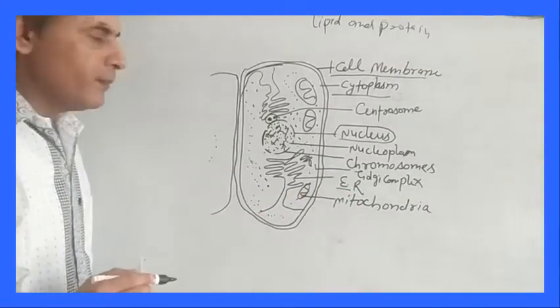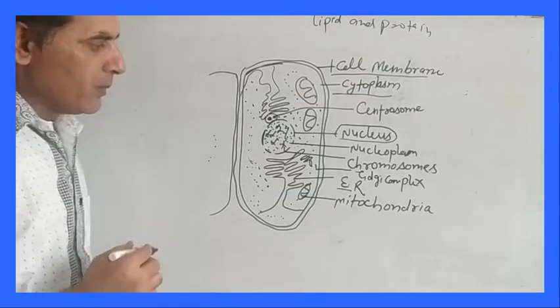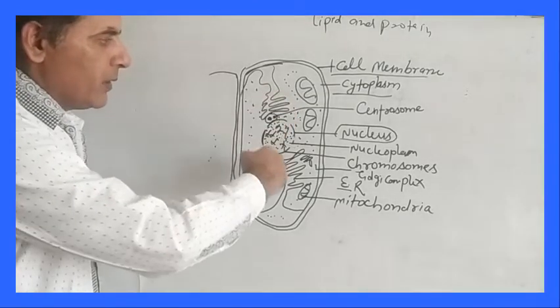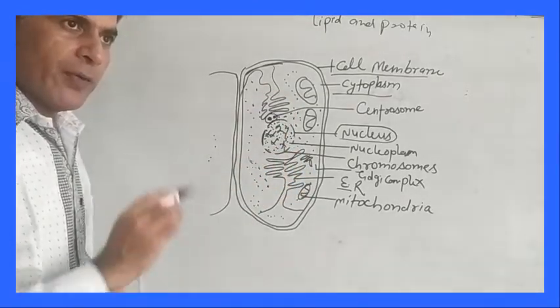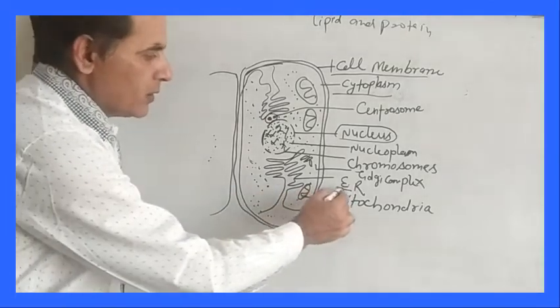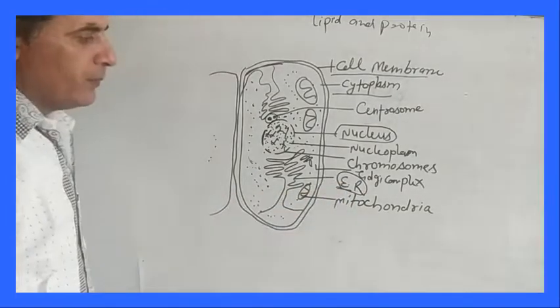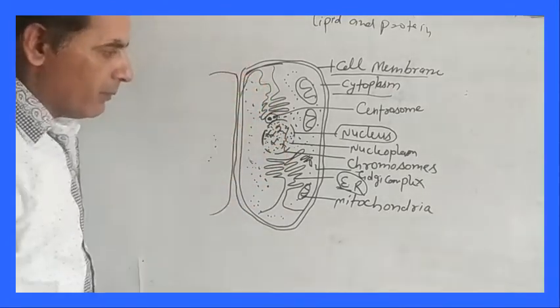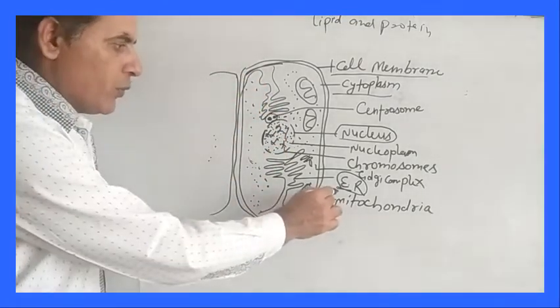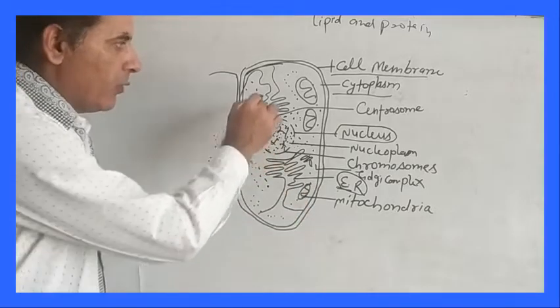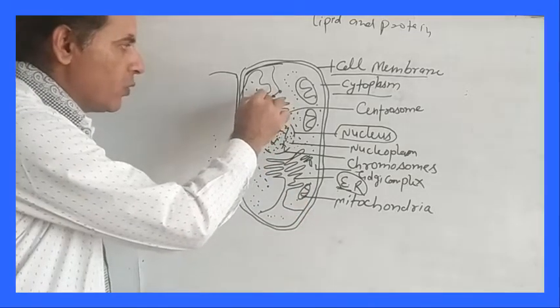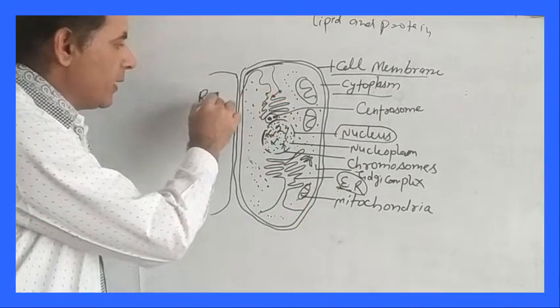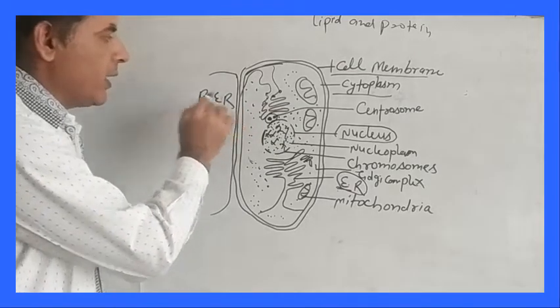Then endoplasmic reticulum. Endoplasmic reticulum is the skeleton of the cell, which provides a fixed shape to the cell. It is located between the nuclear membrane and the cell membrane. It is of two types. One has a grain-like structure, called rough endoplasmic reticulum, or RER.